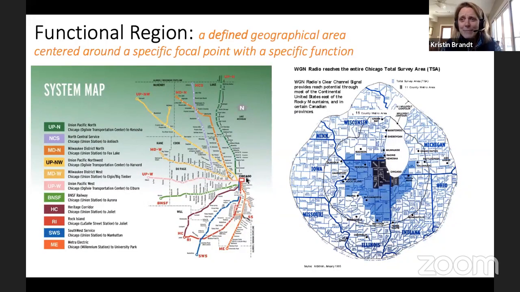He's kind of infamous. If you've never heard of him, Google Tom Skilling. He's quite fabulous. But look at the range that WGN is able to broadcast. If you've ever wondered why the Cubs are so popular, besides the fact that they're amazing, it also has to do with WGN's broadcast range. That's that functional region because it reaches all of those areas, and so they're able to pull more people in.